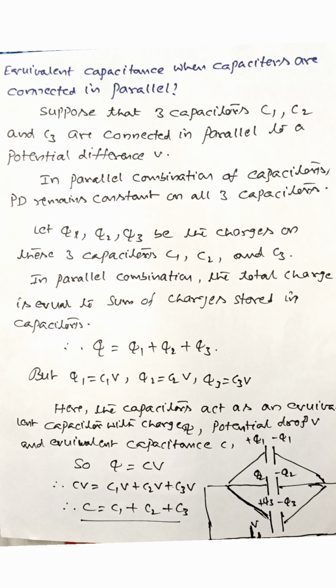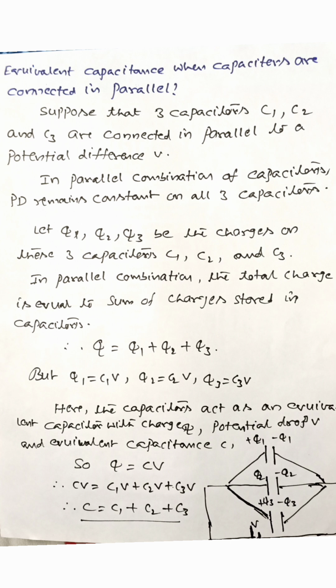But Q1 is equal to C1V, Q2 is equal to C2V and Q3 is equal to C3V. The capacitors act as an equivalent capacitor with charge Q. Therefore, for potential drop V and equivalent capacitance C, Q is equal to CV. Therefore, effective charge CV is equal to C1V plus C2V plus C3V.